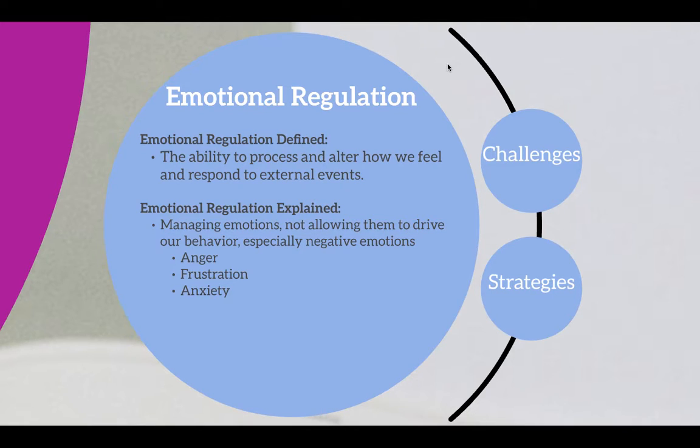All right, so emotional regulation. Emotional regulation is the ability to process and alter how we feel and respond to external events. Essentially, emotional regulation is a function that allows us to manage our emotions, not allowing them to drive our behavior, especially negative emotions like anger, frustration, and anxiety.